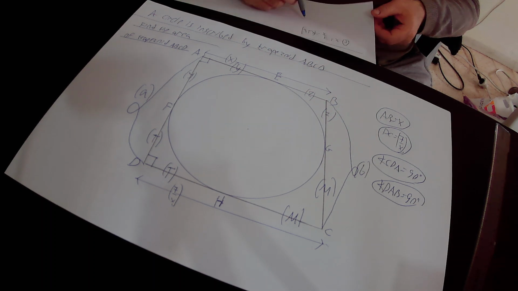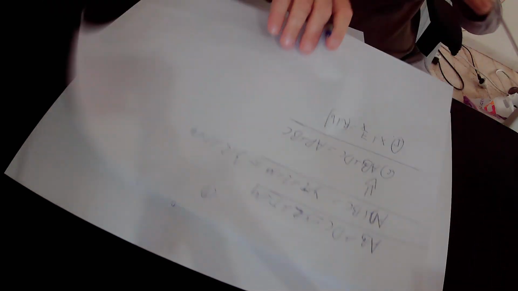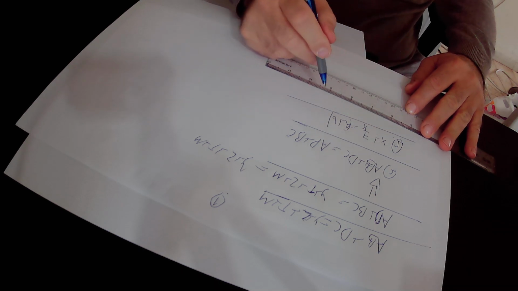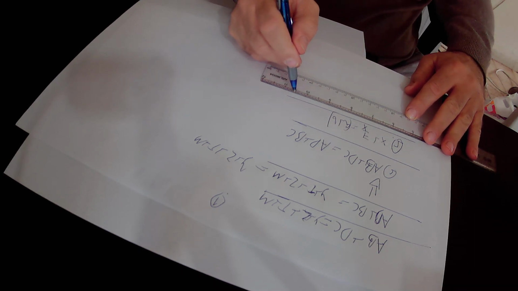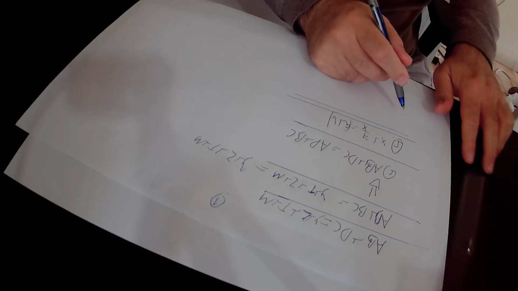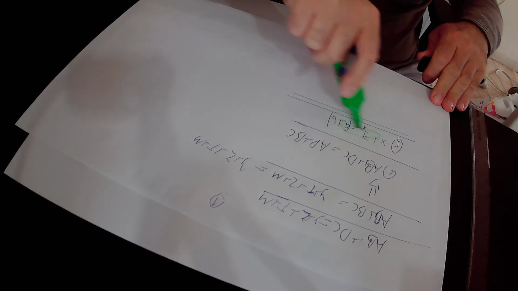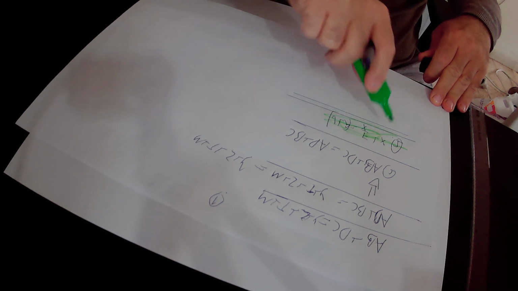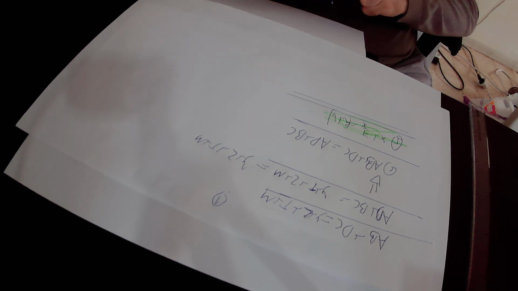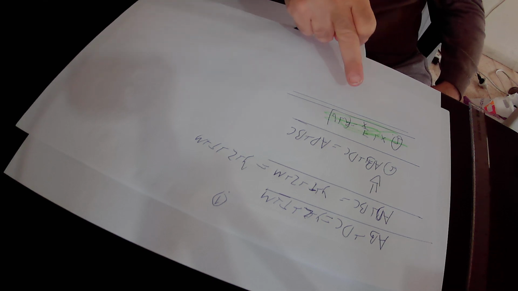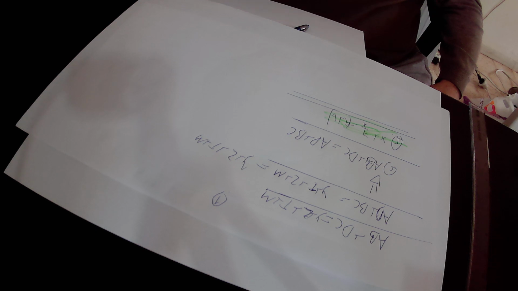So in total we found out that according to equation 1, X plus 7 over X equals A plus B.